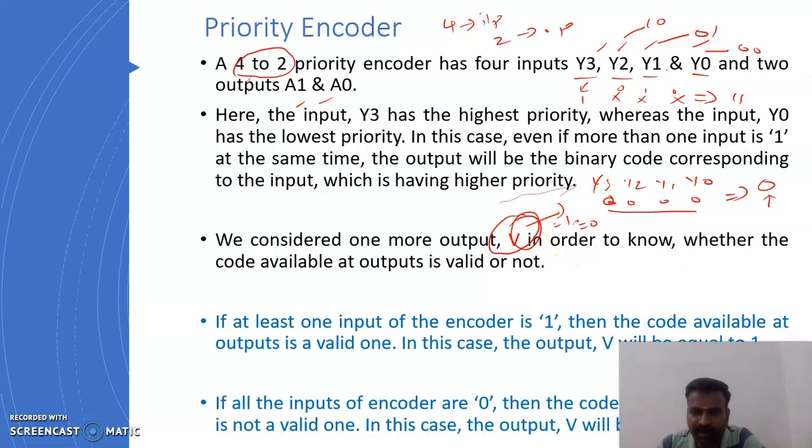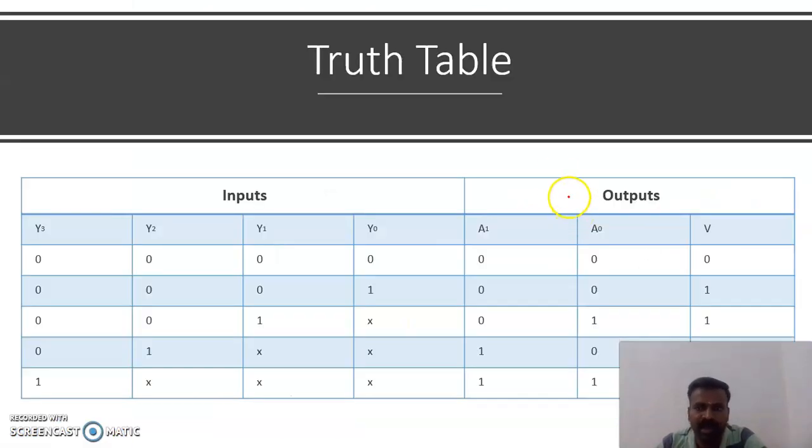Have a look at this truth table: y3, y2, y1, y0 in the proper order, then a1, a0, then V. The first condition is 0, 0, 0, 0. All 4 are zeros, so the circuit is invalid. An encoder should satisfy the condition that any one of the inputs should be 1.